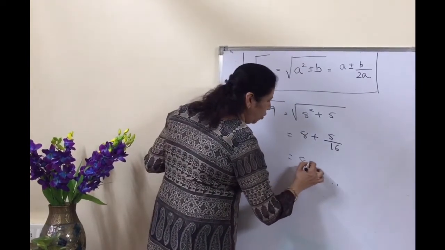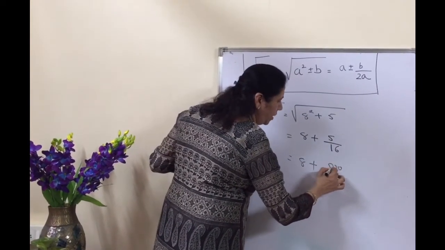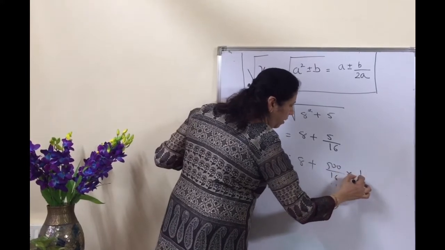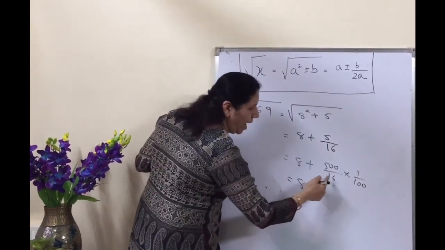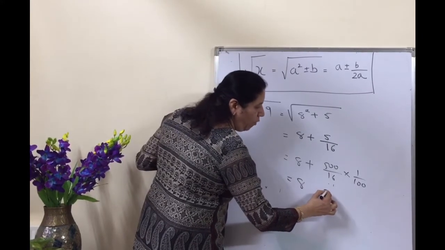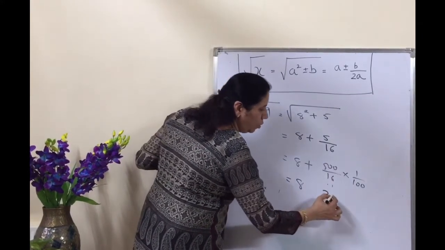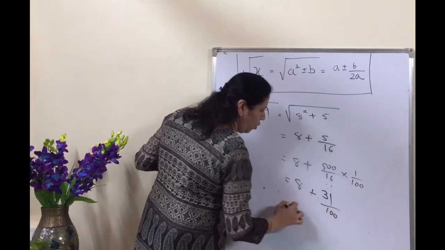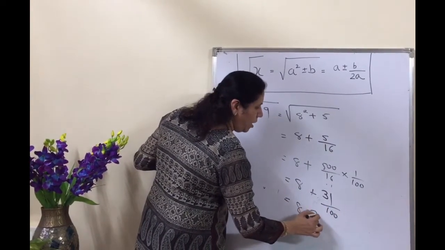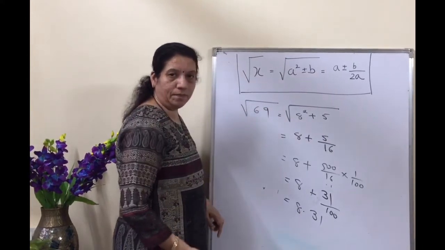And as I have shown you before also, how to find out this, you can put 2 zeros here and you can divide by 100. So now see, if you divide 16, 3s are 48, 2 remaining, so 2 0, 16 ones are 16, and divided by 100. So your final answer is 8.31.